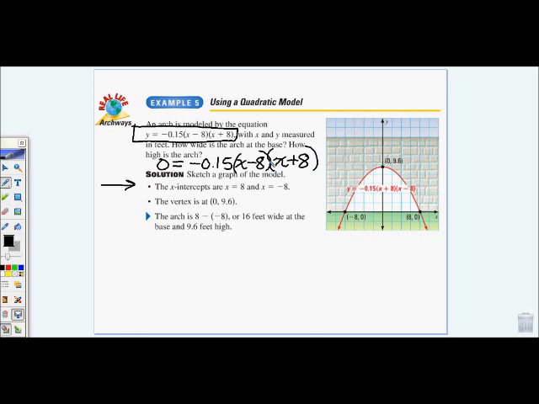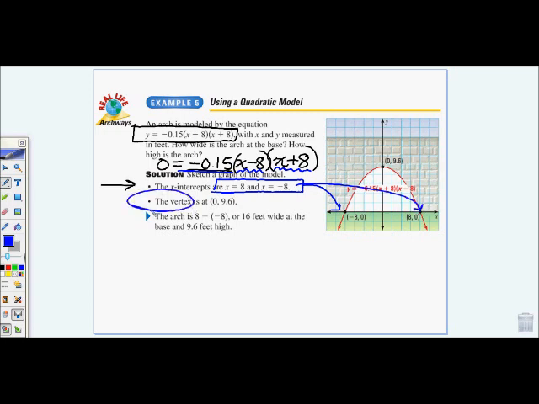The 0.15 is not our zero value, so either this or this quantity needs to be a zero value. That's where they got x equals 8, or x could be equal to negative 8. As you can see, those are the x-intercepts.